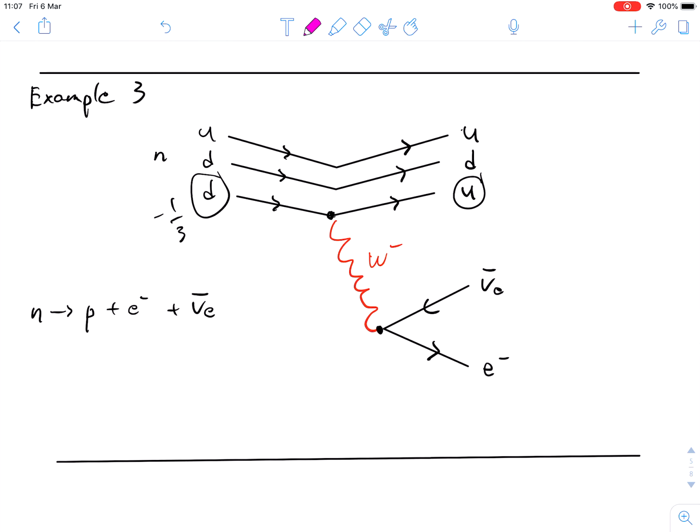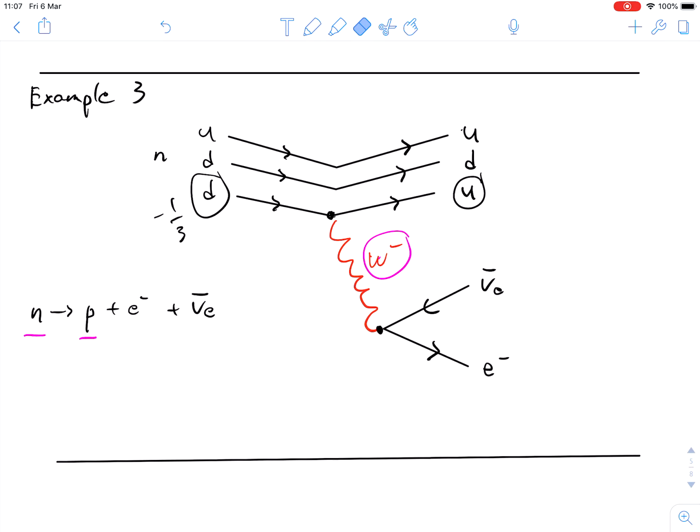Next up, we have a neutron turning into a proton by giving off a negative charge. Remember that a neutron has a down quark instead of an up quark. The down quark is giving away a negative charge, and that's how it becomes positive, by giving away a full -1, which is what the W negative boson there represents.